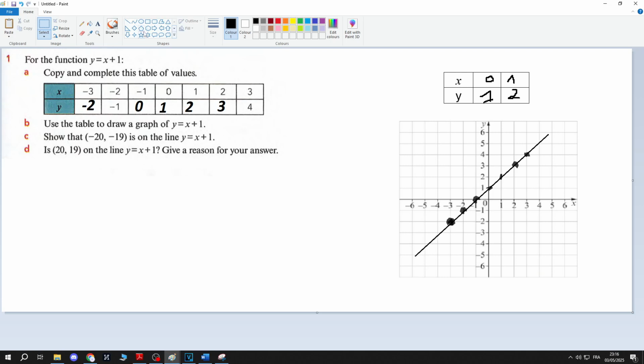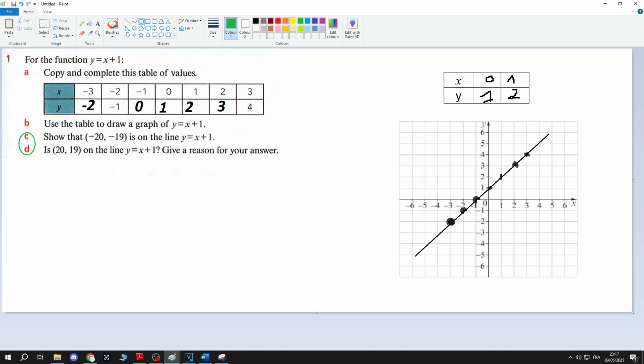These are mainly questions C and D, and they read as, show that the point with the coordinates -20, -19 is on the line y equals x plus 1. This is the line that we just drew. And the second question says, is 20, 19 on the line y equals x plus 1, and give a reason for your answer.